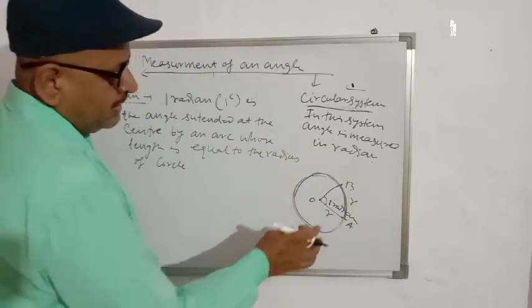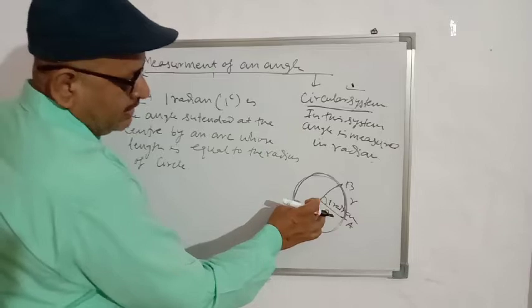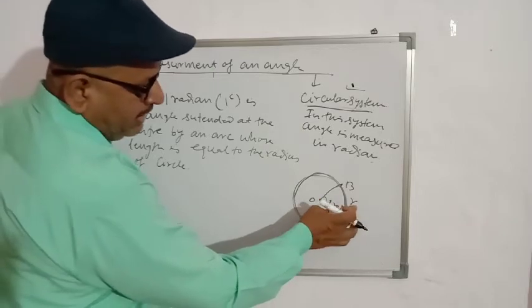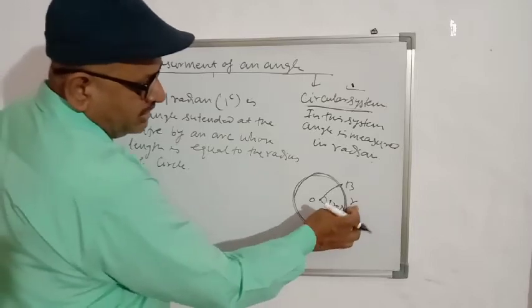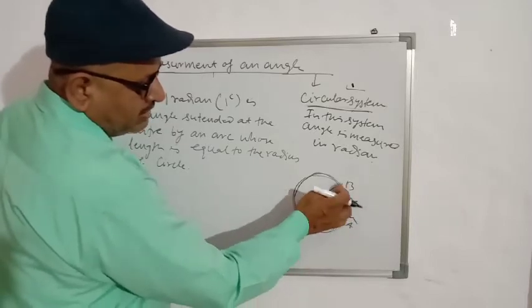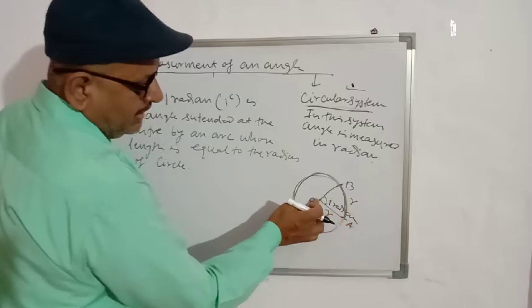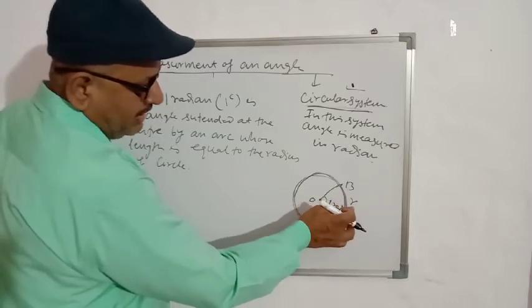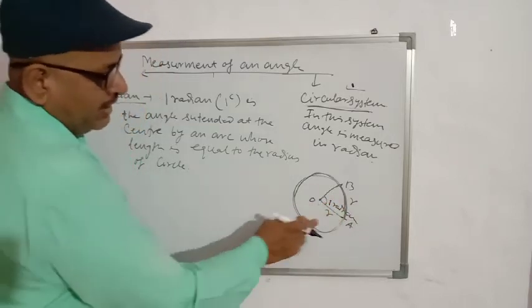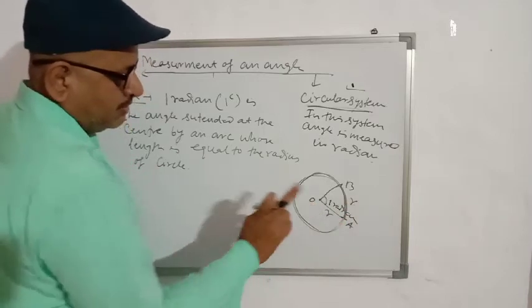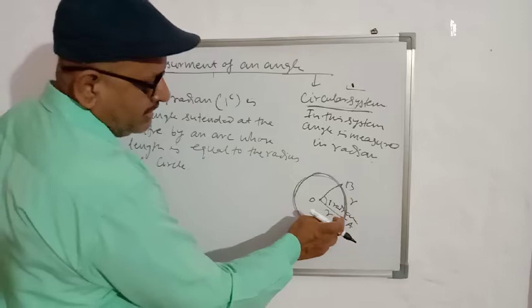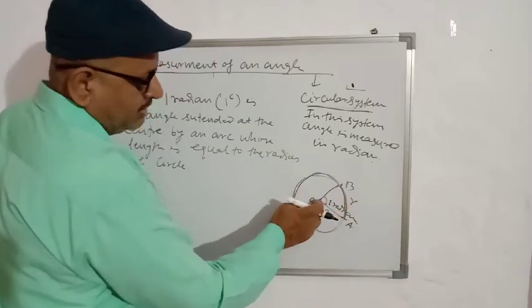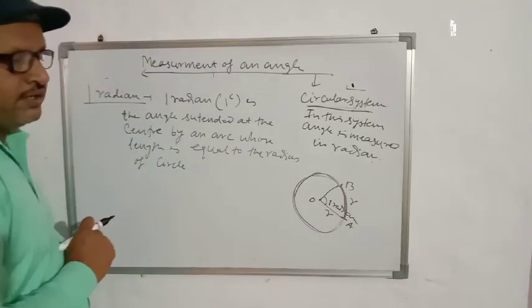So definition is clear. It is the angle made at the center by an arc whose length is equal to the radius of circle. Suppose radius is 2 cm, arc length is also 2 cm, then angle subtended at the center by that arc will be 1 radian. Arc length and radius both must be equal, then angle subtended at the center by that arc will be equal to 1 radian.